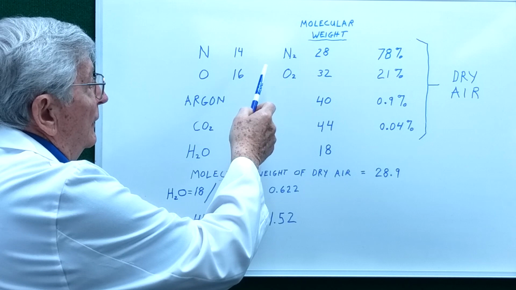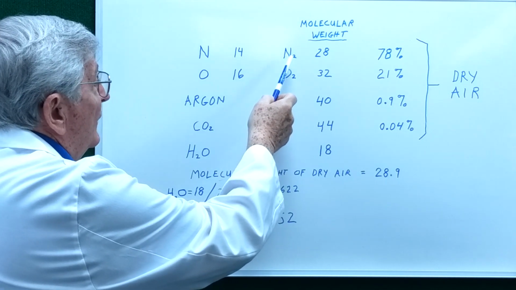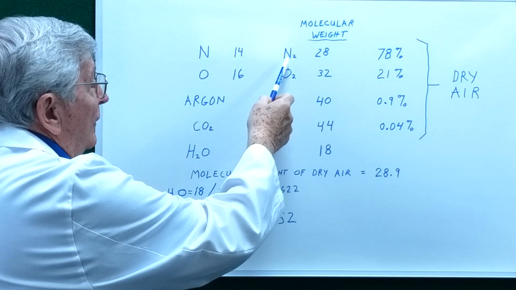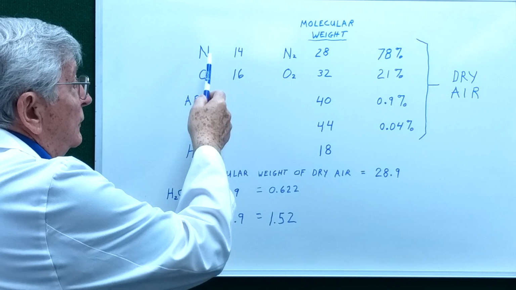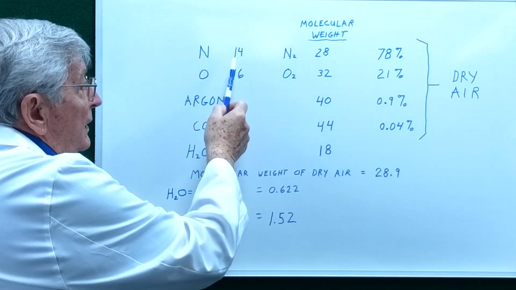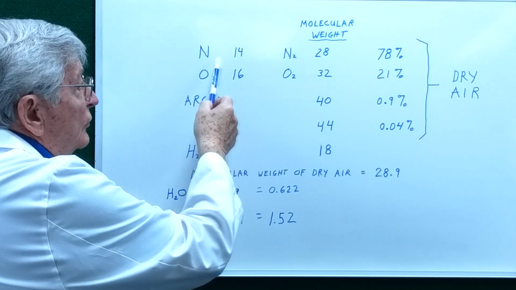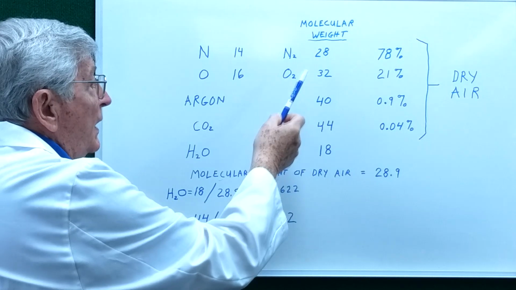Now, nitrogen is a diatomic gas, which means that two atoms of nitrogen stick together. So the molecular weight of nitrogen is 14, so N2 is 28.